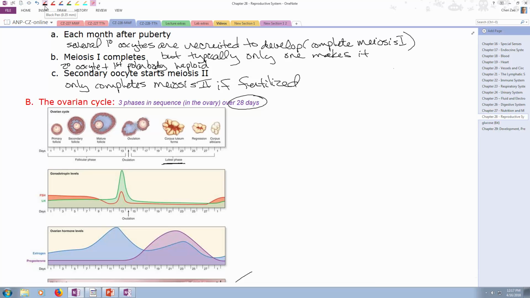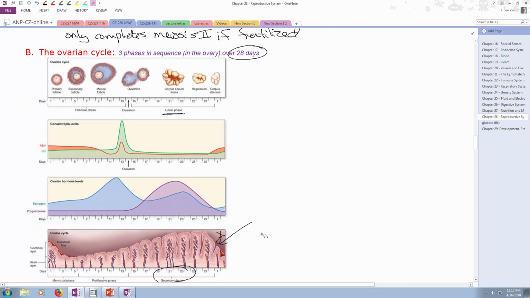Ovarian cycle. What the top chart is meant to show you are the visual changes that you can see occurring in the ovary. So what we are looking at here is the ovary and follicles. Remember, when ovulation occurs, this is a secondary oocyte.